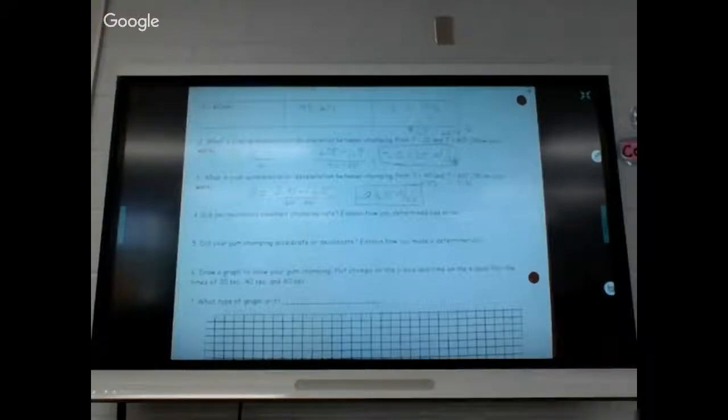Then count by fives on your second. Oh, mine's not a straight line. That one was just constant. There we go. Only those three.